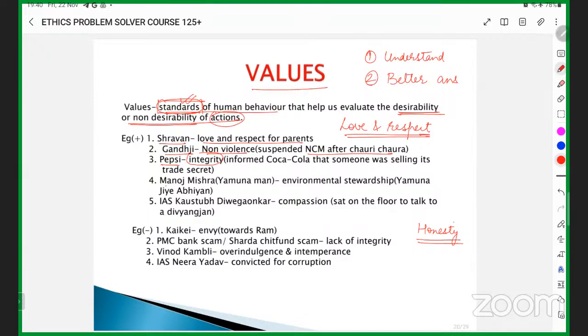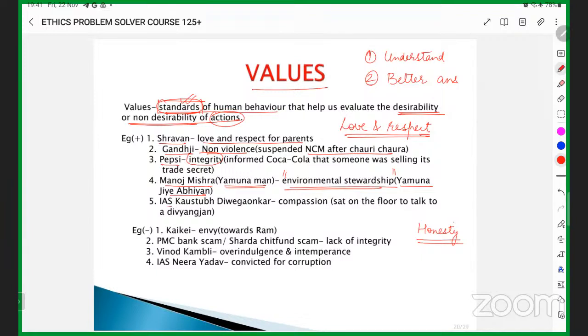The next example, Manoj Mishra, also known as Yamuna Man. Why? Because of environmental leadership. He was the person who launched Yamuna GA Abhiyan so as to curb pollution in the Yamuna floodplains. So this is a keyword here, environmental stewardship, something which you should remember.